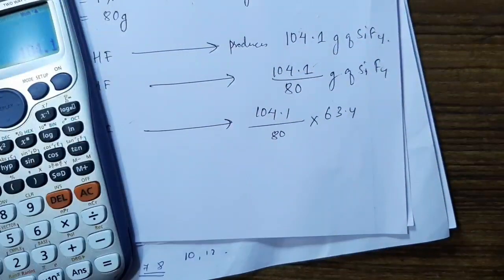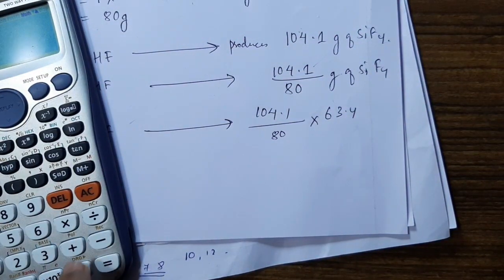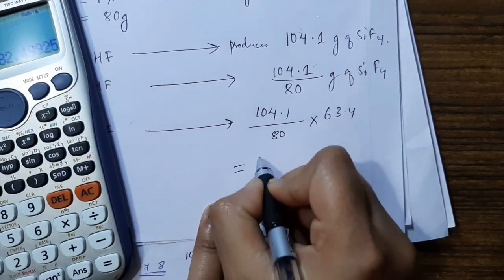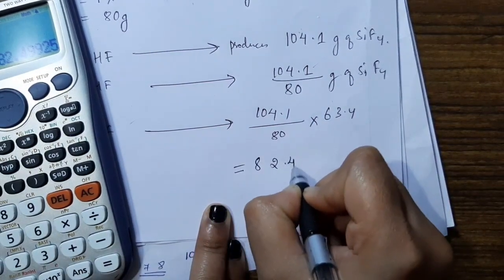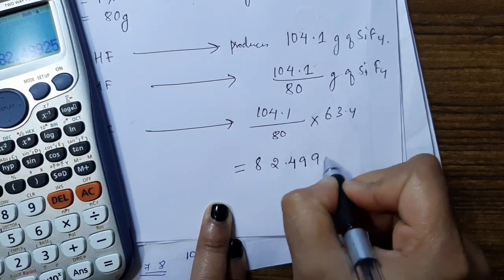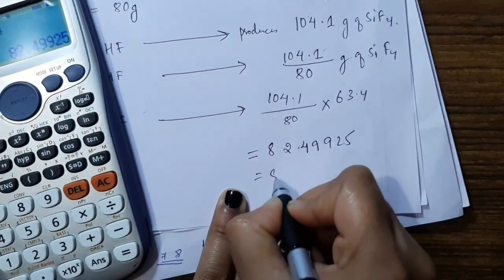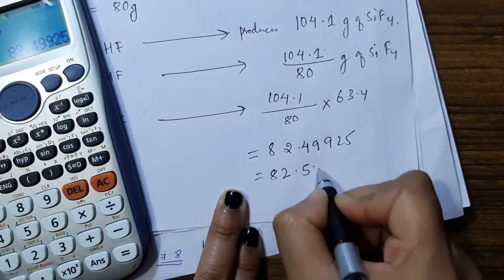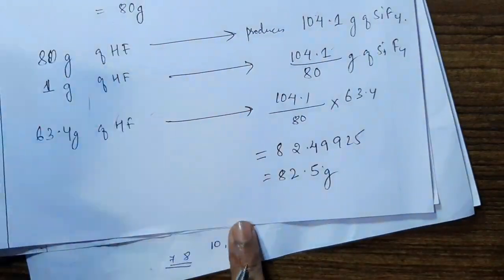Okay, 104.1 divided by 80 into 63.4. That would be equal to 82.49925 grams. Okay, we can write it as 82.5 grams. So this is the answer that we got.